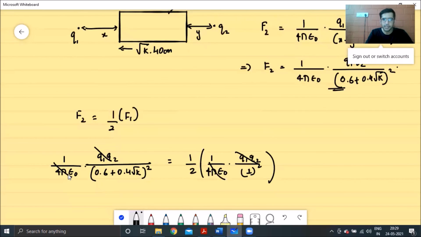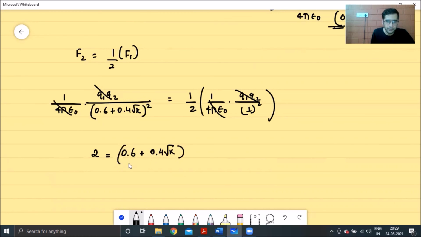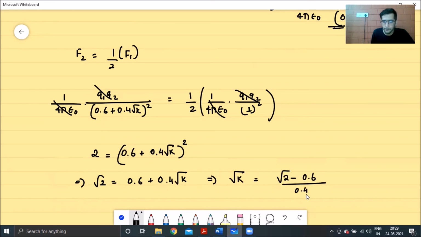So effectively, what's the equation we have? The equation we have over here is root 2 should be equal to 0.6 plus 0.4 root k. That implies root k becomes equal to root 2 minus 0.6 divided by 0.4.